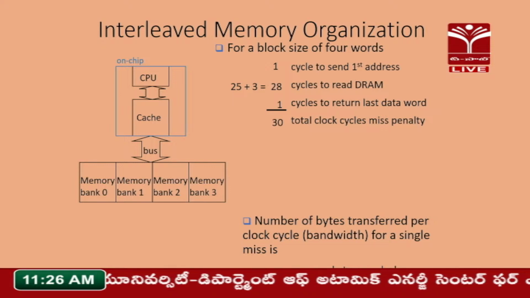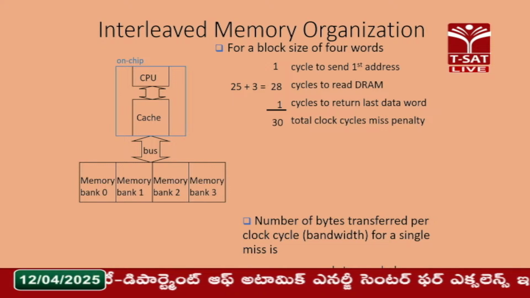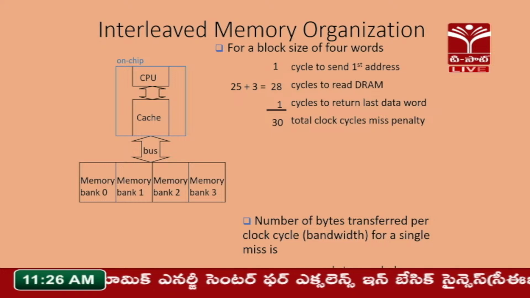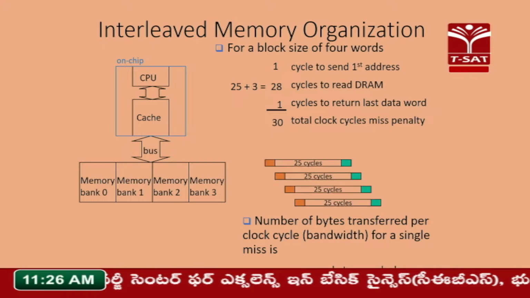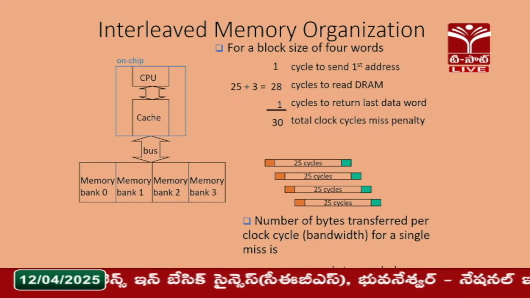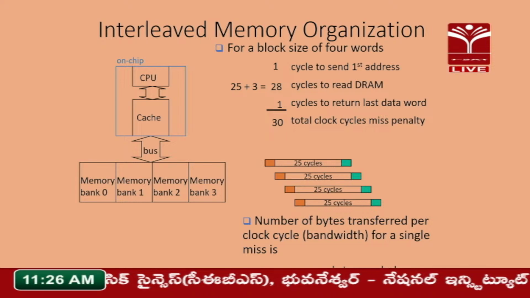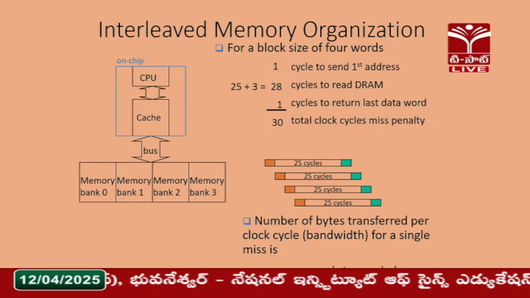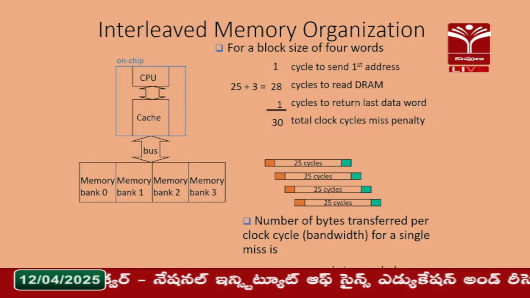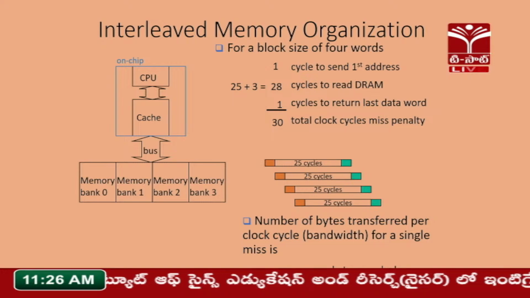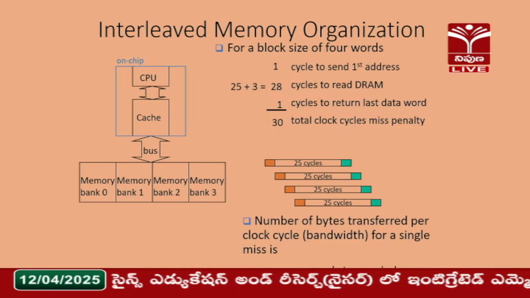So, in this case I am taking 1 clock cycle to send the address, and 25 clock cycles for the first read, and then the remaining data that is shown in blue at the end, after 25 clock cycles of wait, within 3 clock cycles I am getting all the 4 words of data. So, that means I am only taking 30 clock cycles total. Again, this is similar to the pipelining concept that we talked about, right.